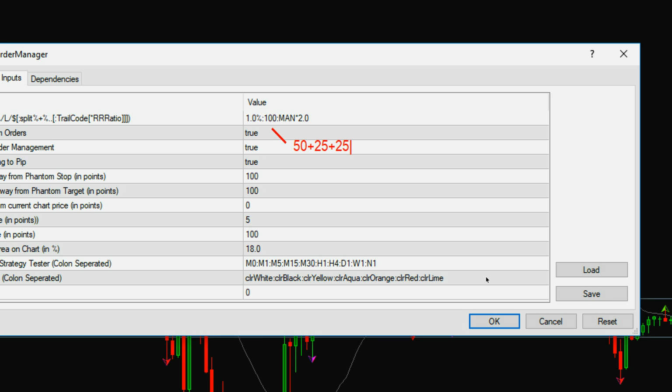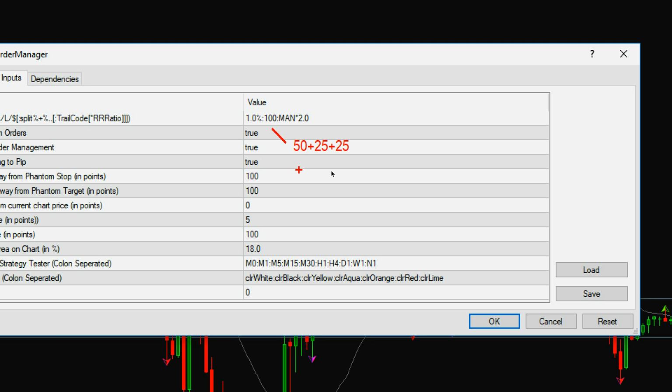If initial risk of 1% allows you to open, let's say, 2.5 lot order to buy or sell, it will open the first order with 1.3 lot, which is about 50% of 2.5 lot, and the second order with 0.6, which is about 25% of 2.5 lots, and the last order with 0.6 lot again, which is 25% of 2.5 lots.